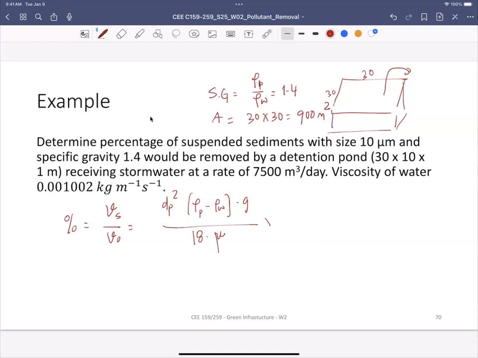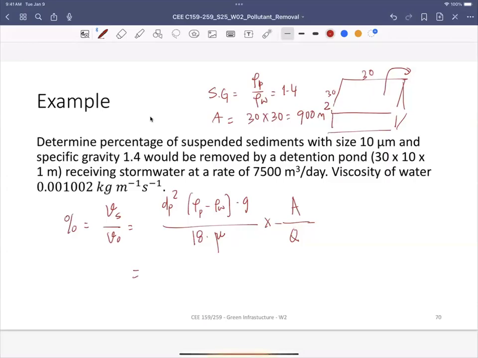And the overflow rate, you know, is basically the flow rate divided by the area of the pond. If you reverse it, that's going to be Q over area.